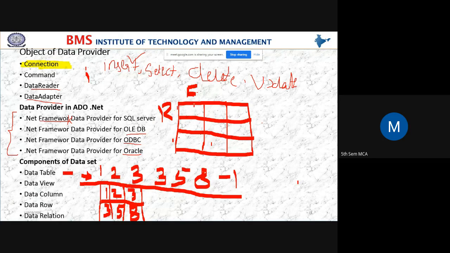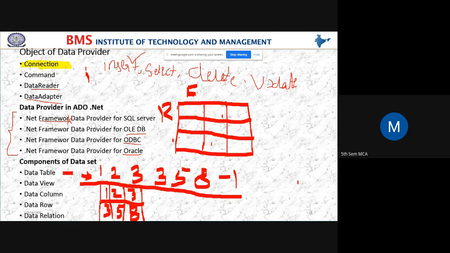The data set consists of data rows and data columns, so it is stored in the form of a table. When it consists of rows and columns, then it will be in the format of a table.